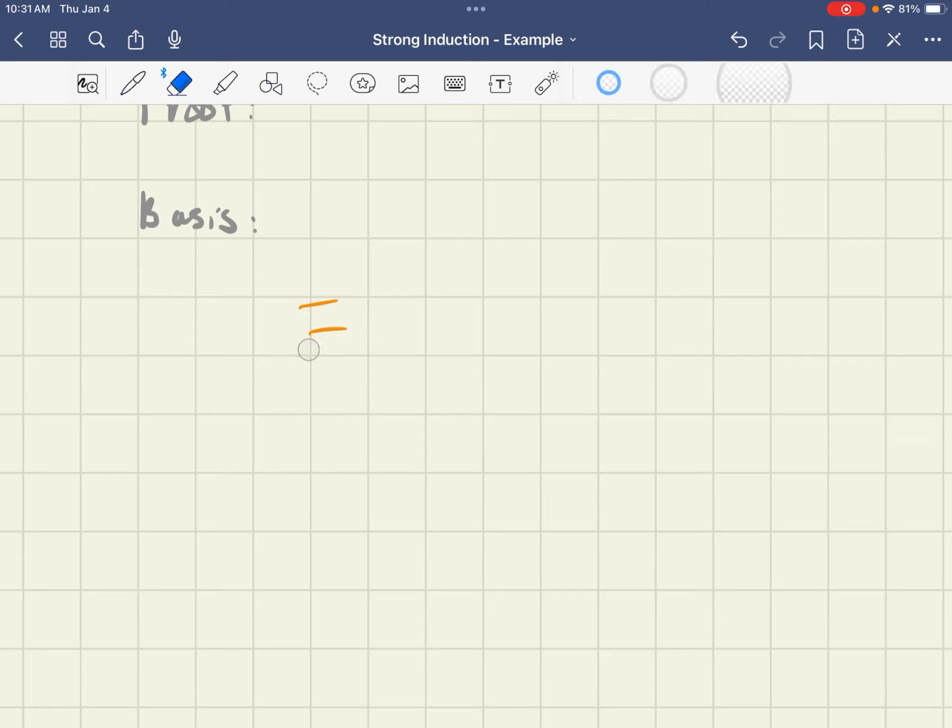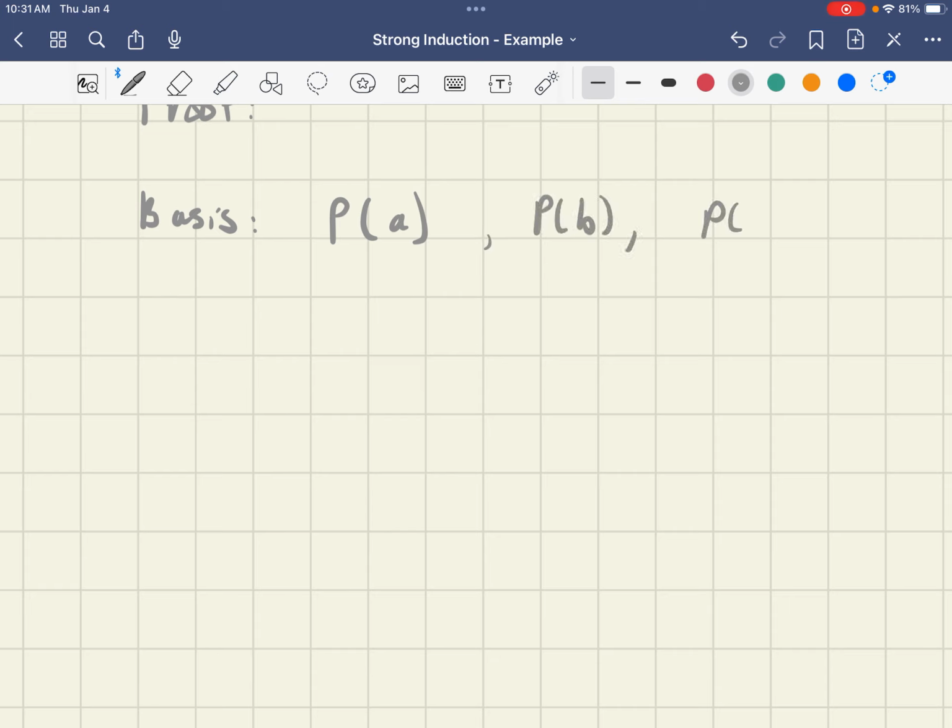So what do I mean by that? If P is our proposition, the basis is often P of 0. Generally I'll say P of A, P of B, P of C. The point is they're isolated examples. We aren't going from K to K plus 1.